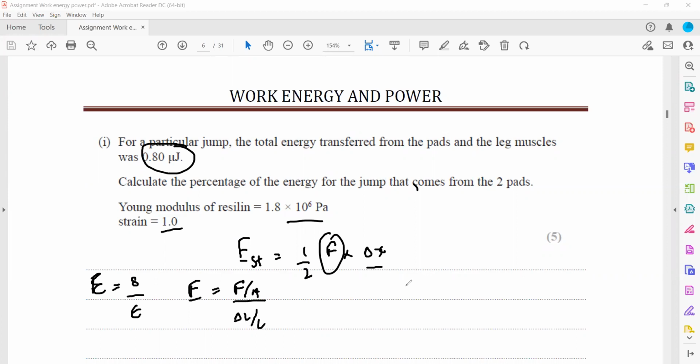When we simplify this equation, the Young's modulus will be F L divided by delta L and A. Our subject is force, because we want the force here. So Young's modulus multiplied by change in length multiplied by area divided by original length will give us the total force which it experiences.